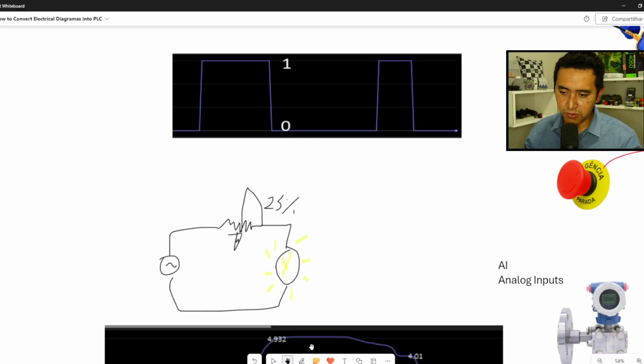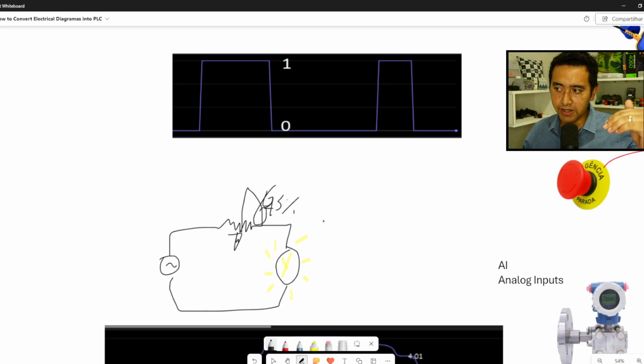Then I raise it to 45%, then 65%, and in the same way that I change the percentage, the brightness of the lamp goes up or down, the same way that I change my potentiometer.